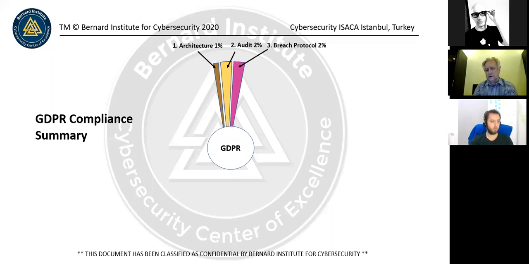2% of the time is based on auditing, 2% on breach protocol, developing some kind of immediate response to any type of breach. I've worked on many breaches, and there is a detailed plan. It's a lot like a playbook that needs to be created. You need to have speaking points, short and long, to prep the president and the CEO on what to say.